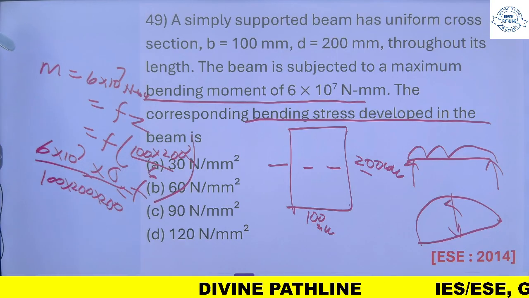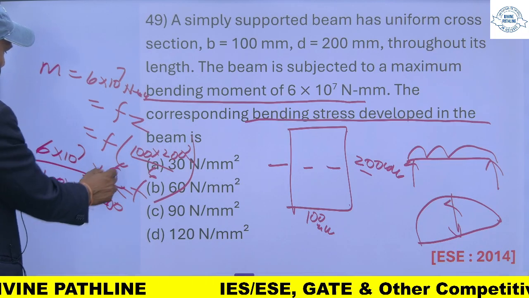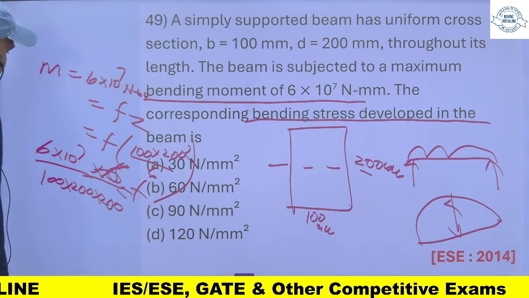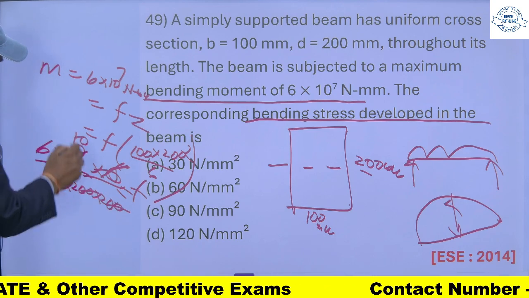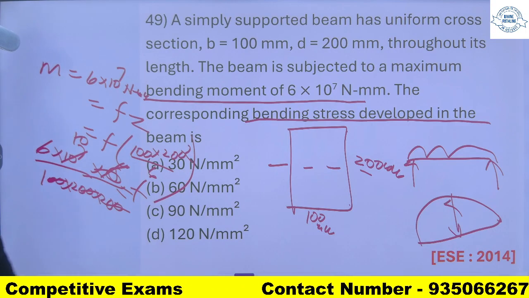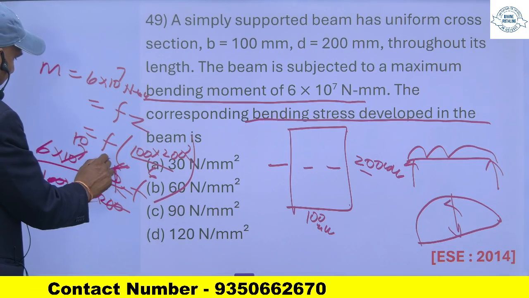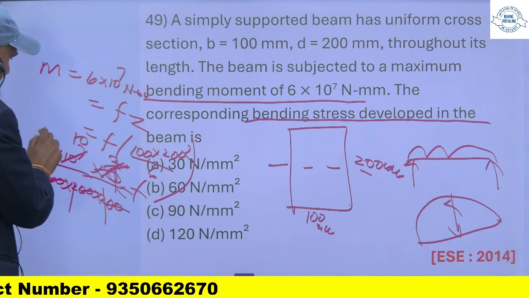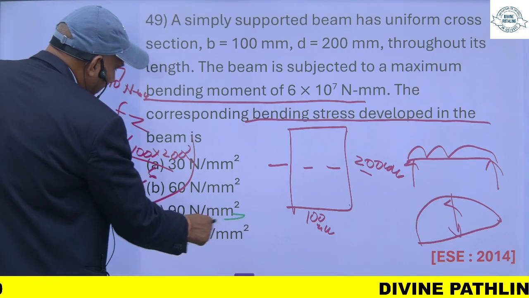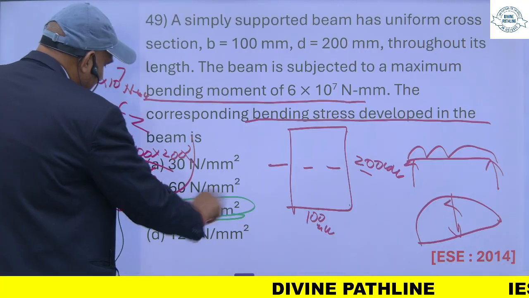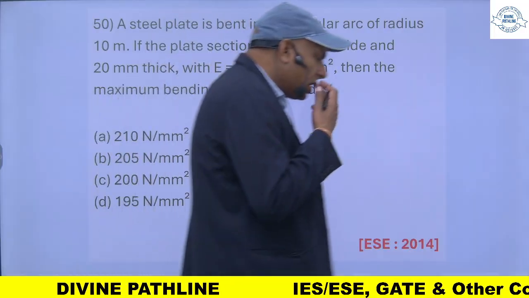So 3 into 3, 9 into 10, 90. You will get 90 Newton per mm square. So this one is the correct option.